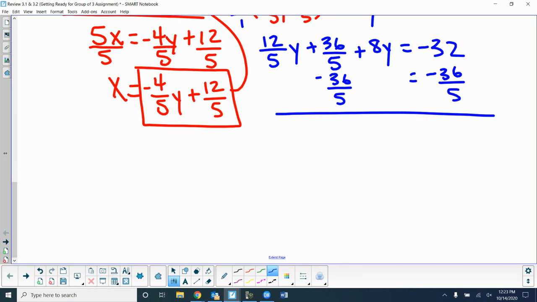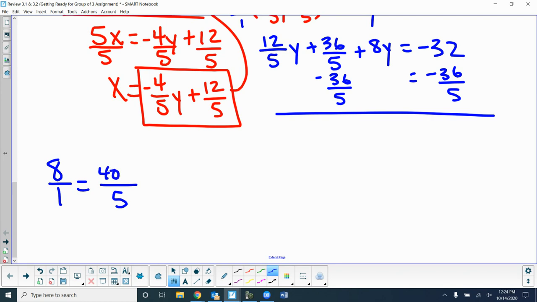Okay, so 8/1 is how many fifths? What do I have to multiply 1 by to get there? 5. So what's 8 times 5? 40. Okay?